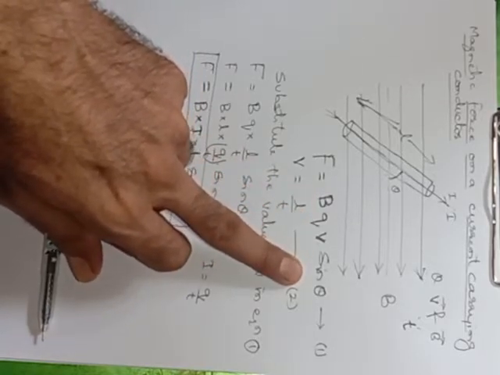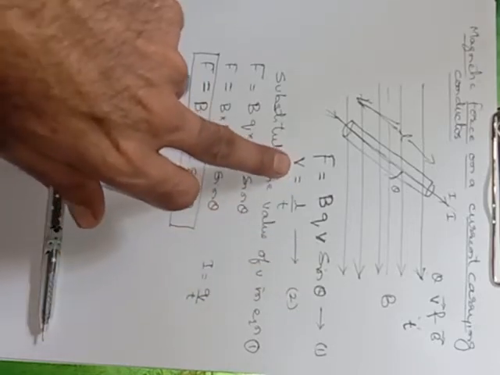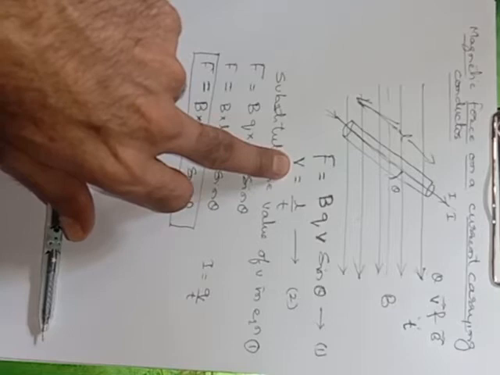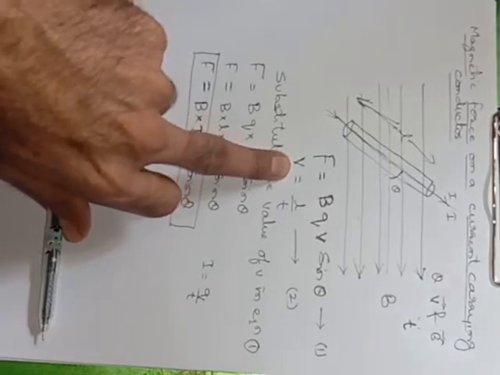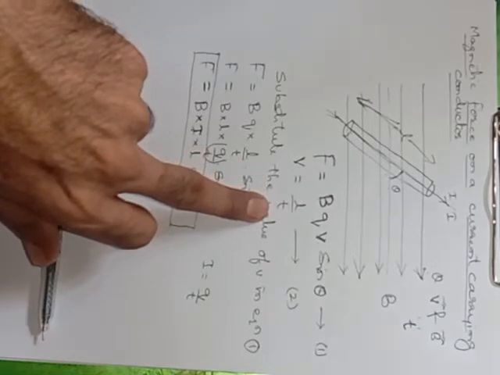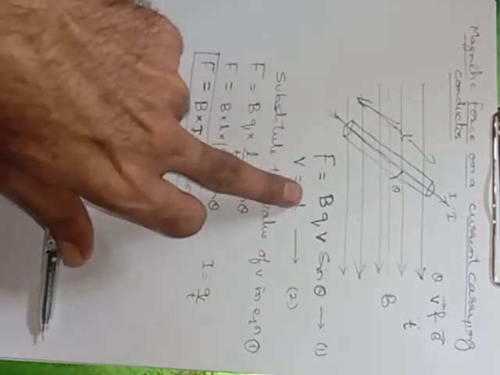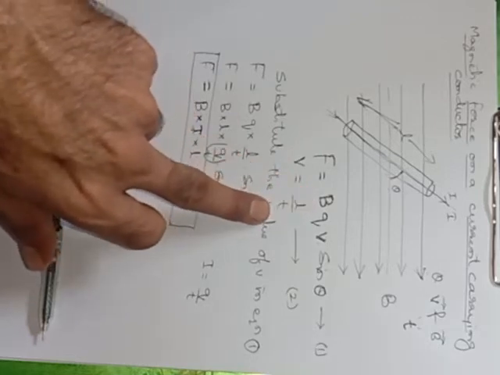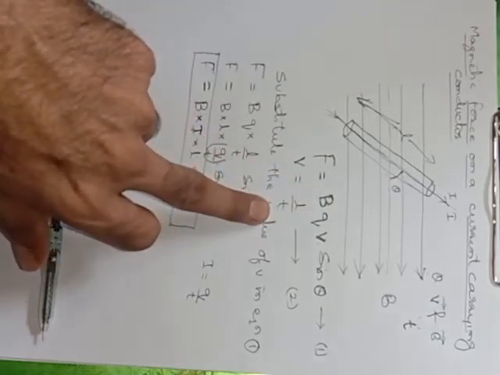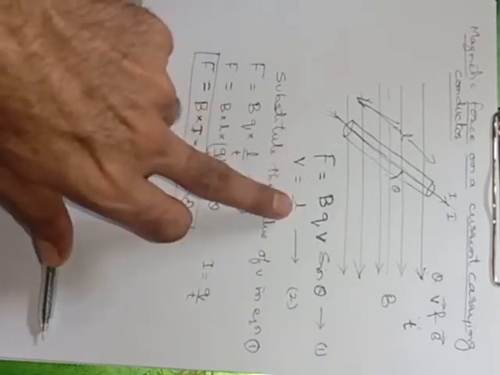Force experienced by a charge. In the second step, we have considered V is equal to L by T. Why is it so? The velocity of the charged particle can be written as length upon time.